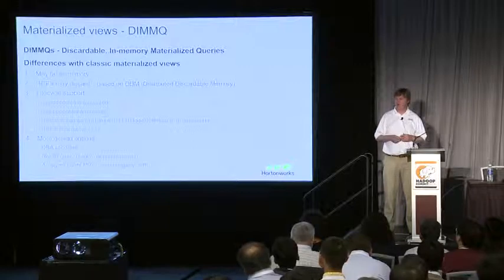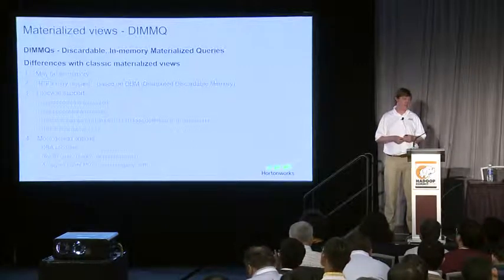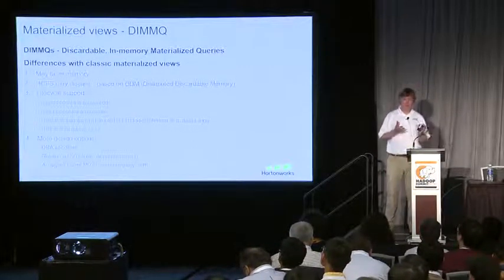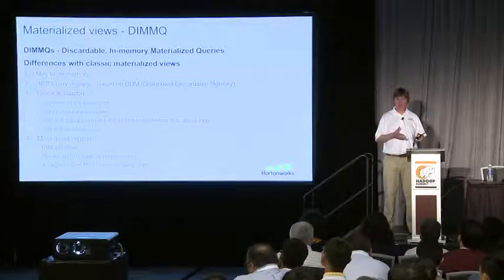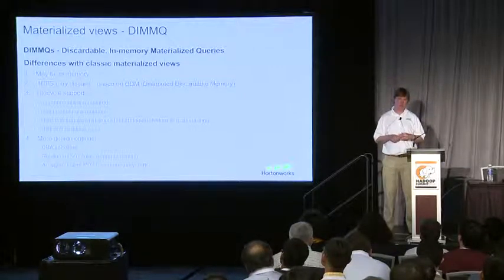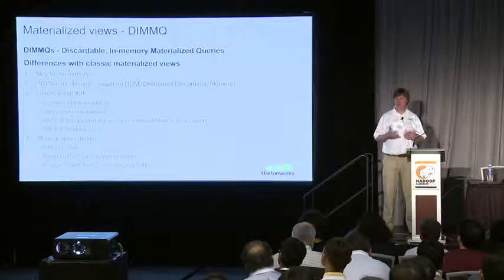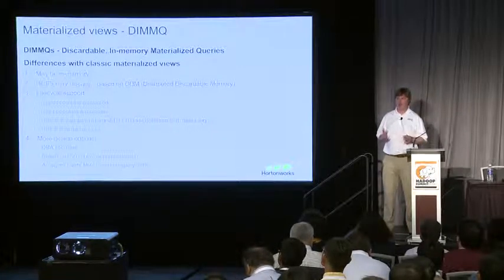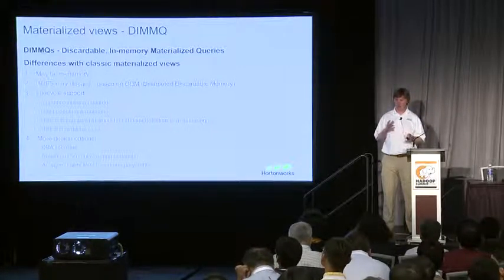But they may also be on disk, just like a conventional materialized view. HDFS is part of the implementation stack to make this work, because I want these things to be shareable. And HDFS may discard them. I want them to be like a cache in that respect, in that the cache, if it's short of resources, can decide to throw them away.